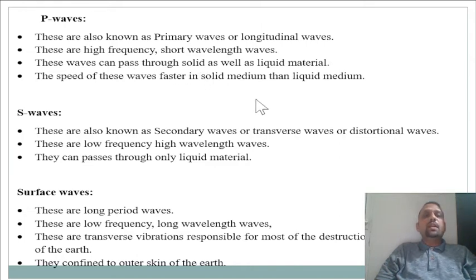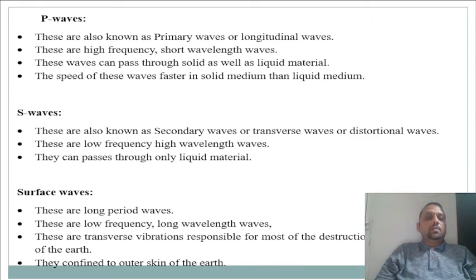Because of this, they have higher speed, and due to this high frequency they can pass through solid as well as liquid medium. And S waves, secondary waves, have high wavelength and low frequency. That's why they can only pass through the liquid material, not the solid material.